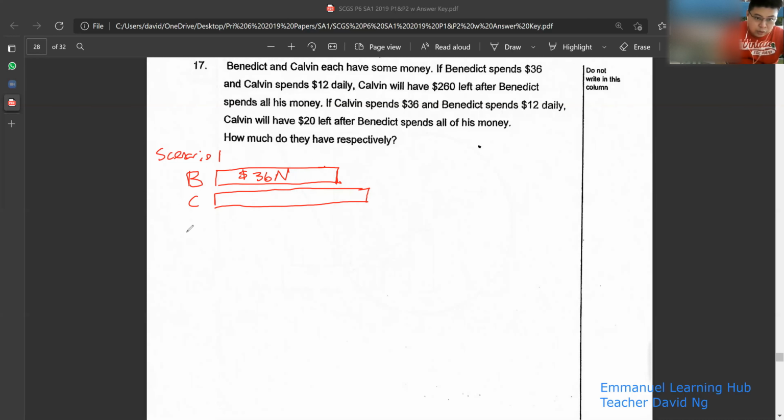Okay, then this part is scenario 2. This part later I fill in the blanks. If Calvin spends $36, Benedict spends $12 daily. So 36N now becomes 12 times 3N, by the way.